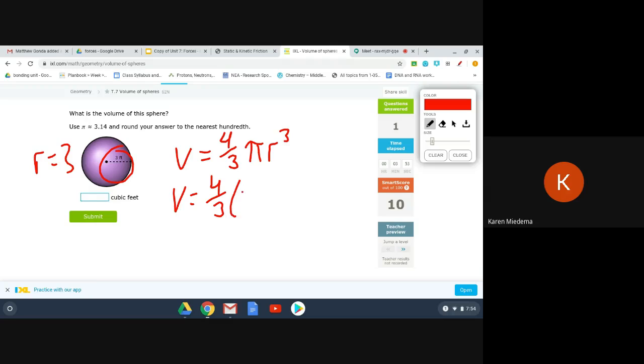So 4/3, 3.14 times 3 to the third power. Everything is just numbers now. So 4/3 times 3.14 times 3 to the third power. Get 113.04.